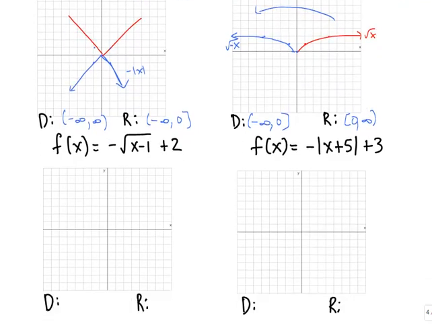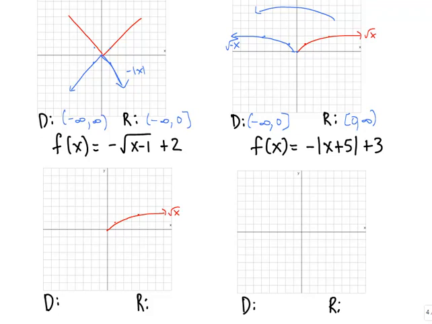Okay, our last two examples here are going to put all of these transformations together. So if we look at this example here, the base graph that I have is the square root graph, which we know starts at the origin, goes up 1 over 1, and then up 1 over 3. So we get this nice arcing shape. So that's the basic graph that we're going to move around.